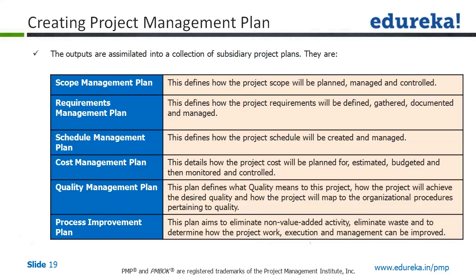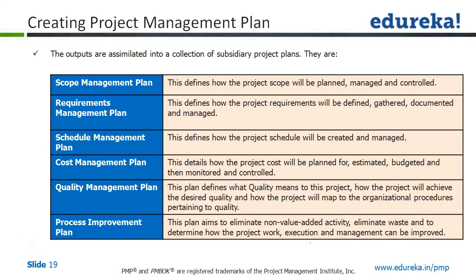The scope management plan defines how the scope is going to be planned, managed, and monitored across the project. A requirements management plan very clearly indicates how the project requirements are going to be defined, how you would gather those requirements, and how you would manage them.